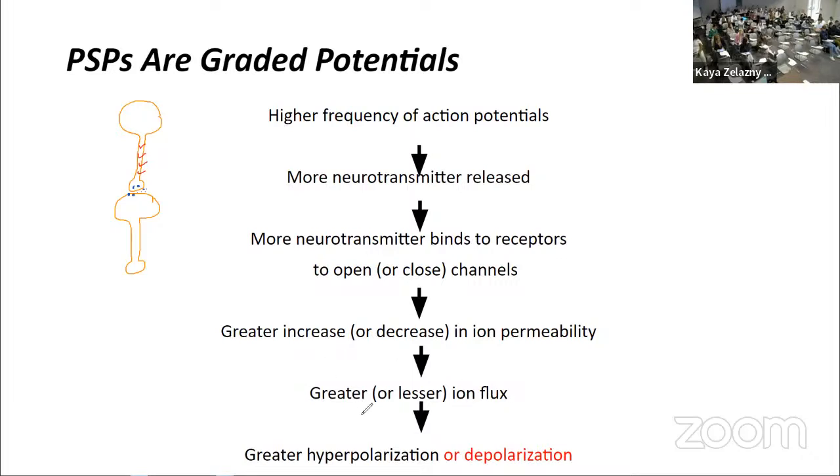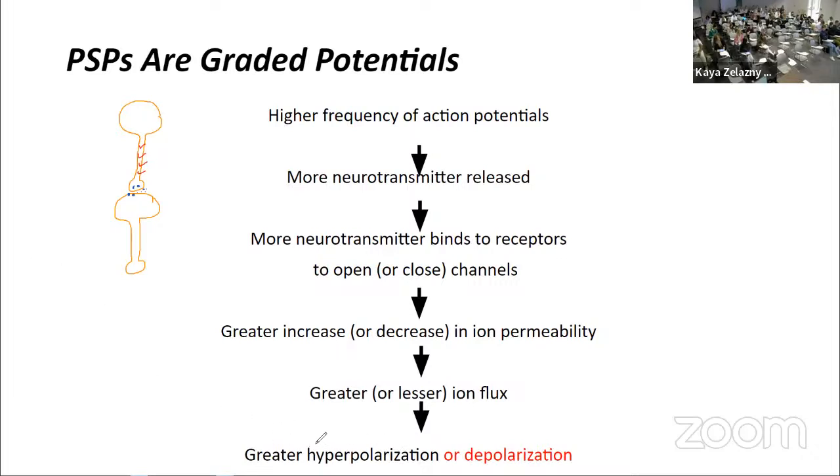Which means that we have either more ions move if we increase permeability, or fewer move if we decrease permeability, right? And so overall, depending on our ions, we have hyperpolarization or depolarization.